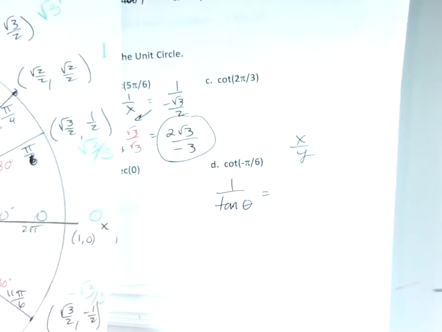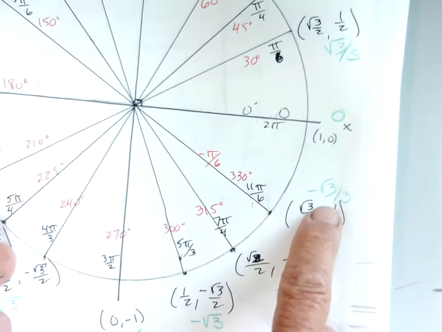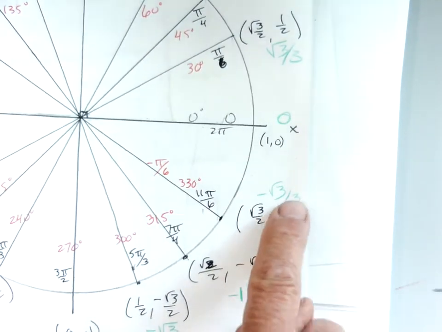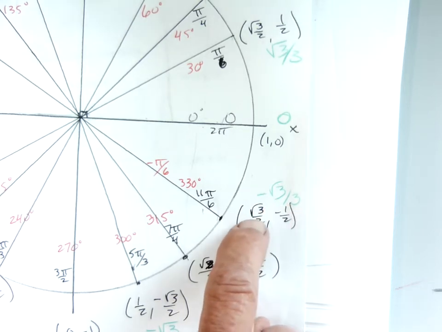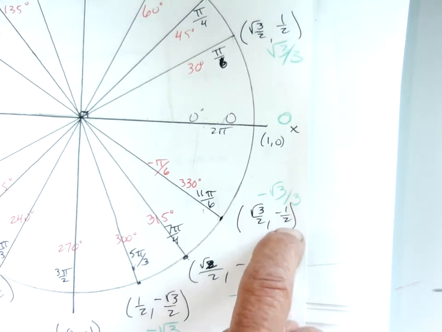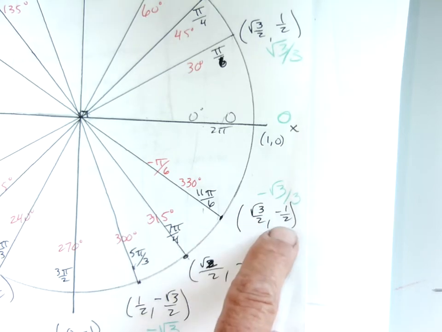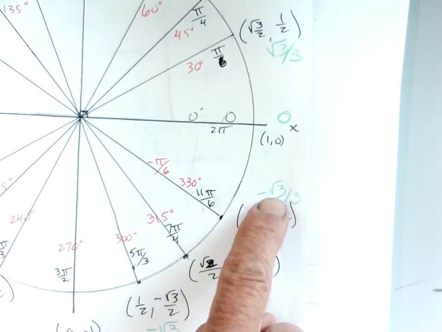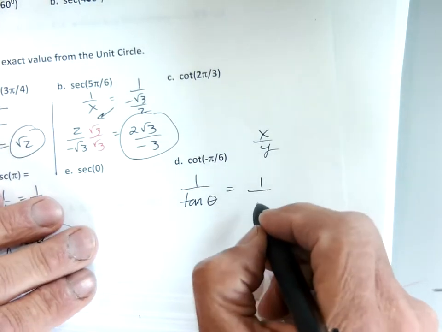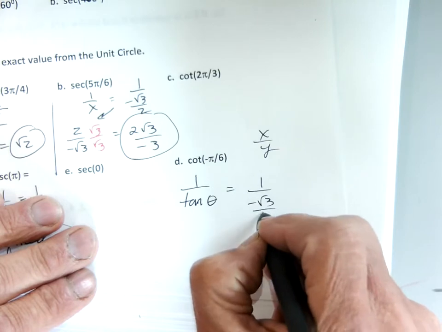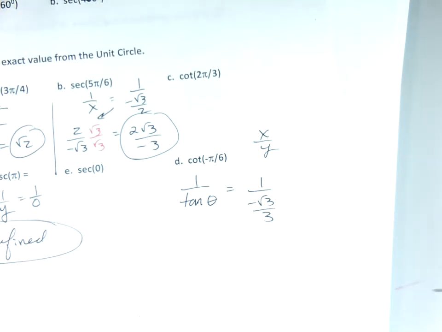So what am I looking for? The cotangent, right? Which is the opposite of tangent. So I'm going to have either 1 over this number or this number over this number. Which way, do you want to do 1 over this number, or this number over this number? Tangent, let's just do the tangent. So it's going to be 1 over negative square root of 3 over 3, okay, because that's the tangent value there.